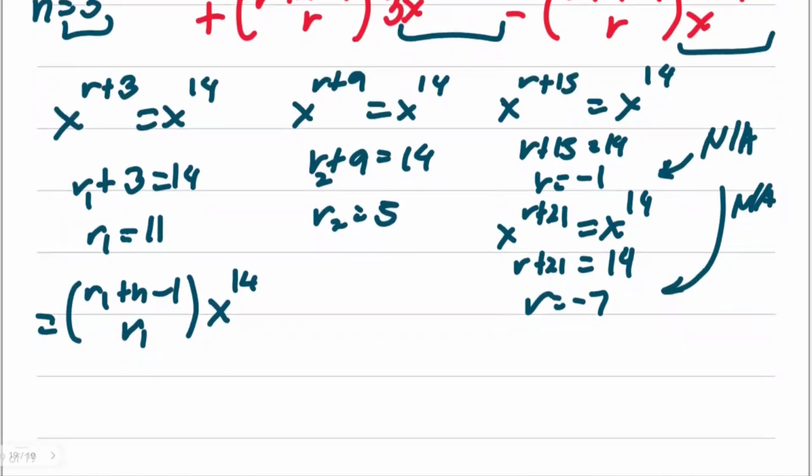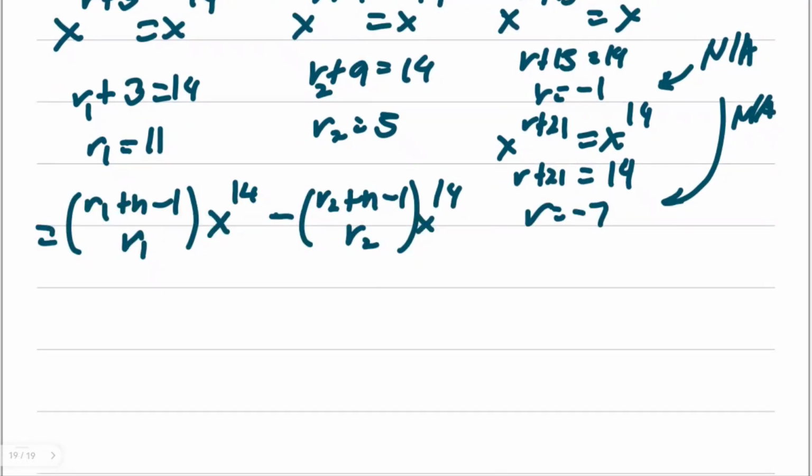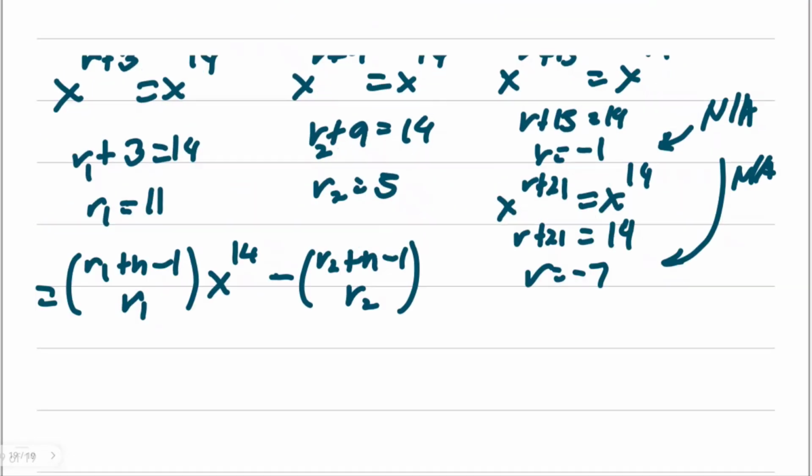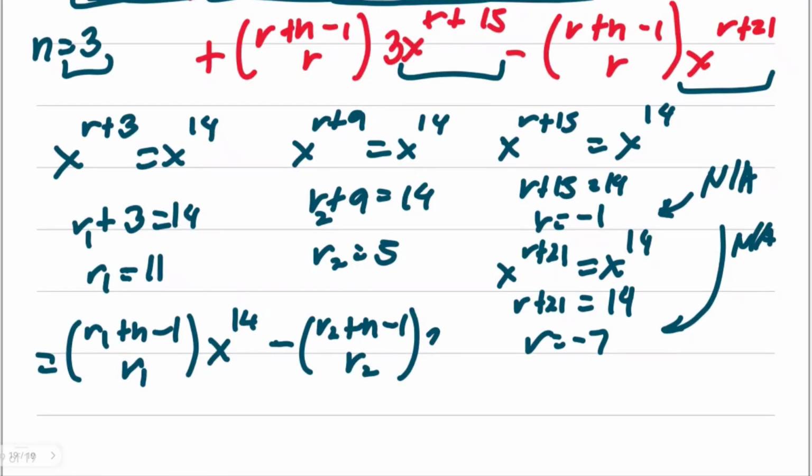And this will be added, or subtracted rather, with R sub 2 plus N minus 1 combination R sub 2 for X, again, to the power of 14 as we use here 5. I don't forget, there's actually 3. Sorry for that. Please don't forget the other multiplier here. This one, we have actually 3 times X to the power of 14. It will matter later on the product.